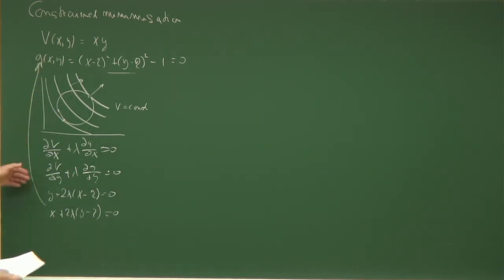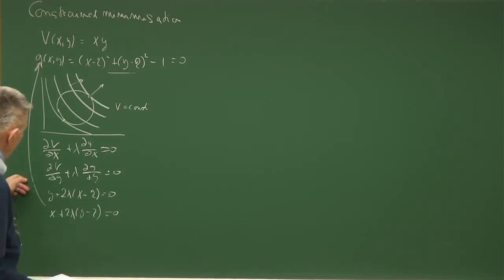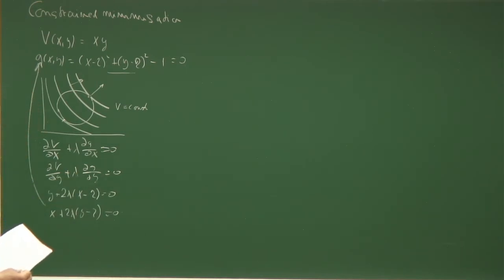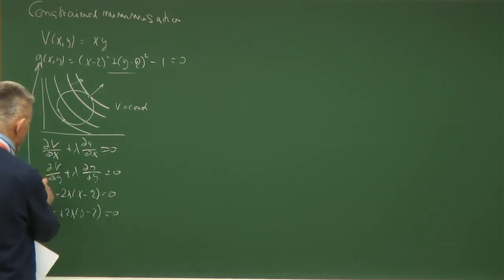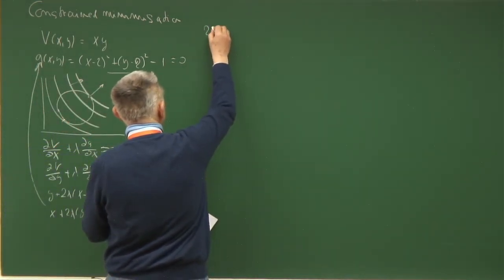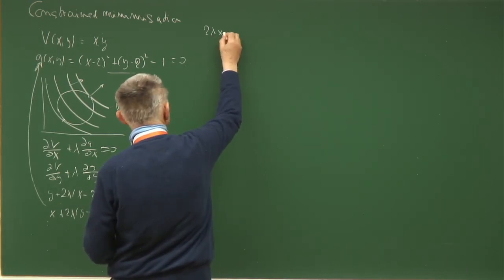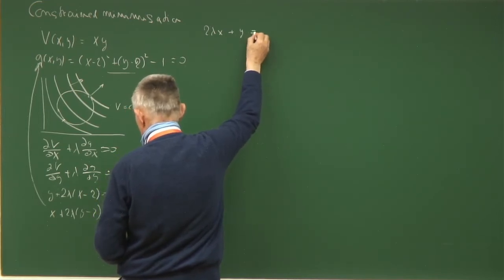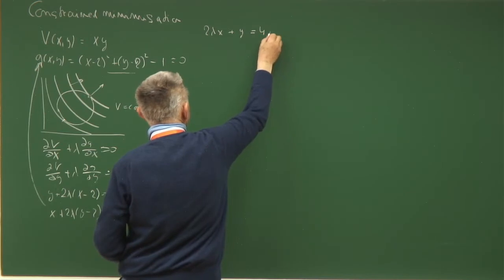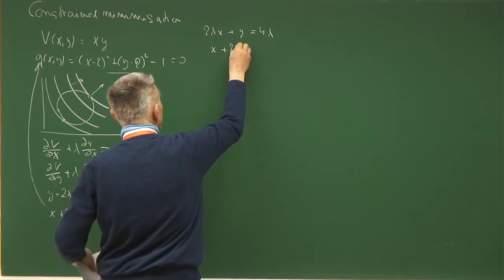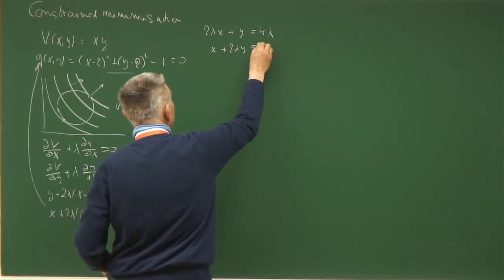It's 3 equations for 3 unknowns, x, y, and lambda. Now, those equations, if we write them properly: 2 lambda x plus y equals to 4 lambda, and x plus 2 lambda y equals to 4 lambda again.